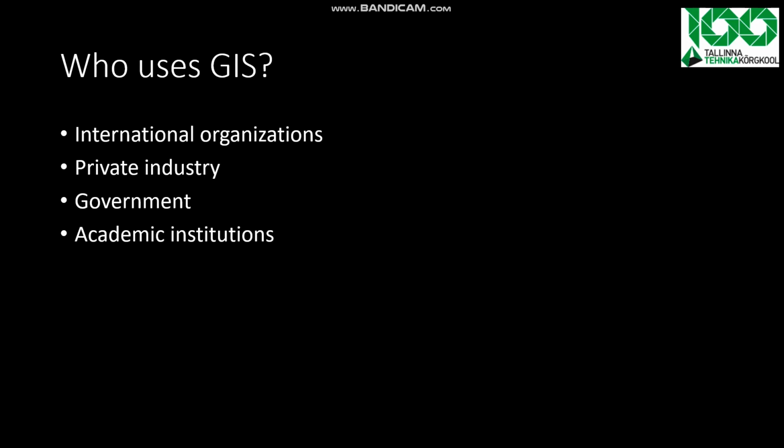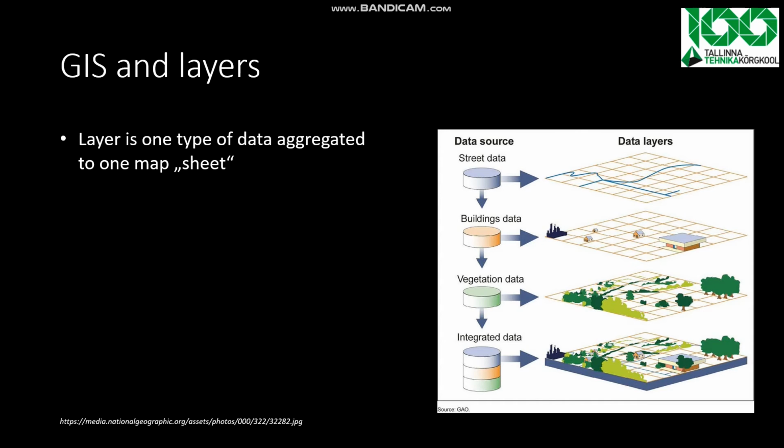So international organizations, also private industry, government, and academic institutions like us use GIS and layers. We have to divide data, and for us those are mostly points that could be associated with school coordinates, school places.